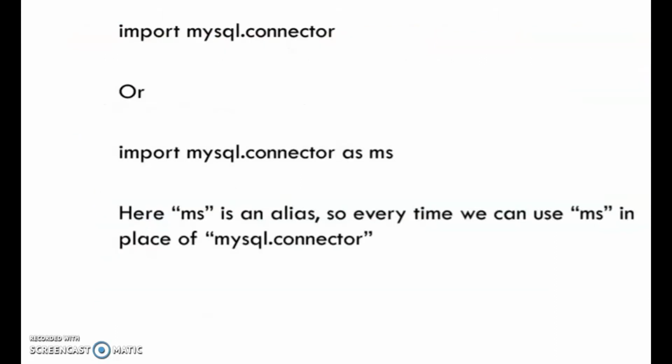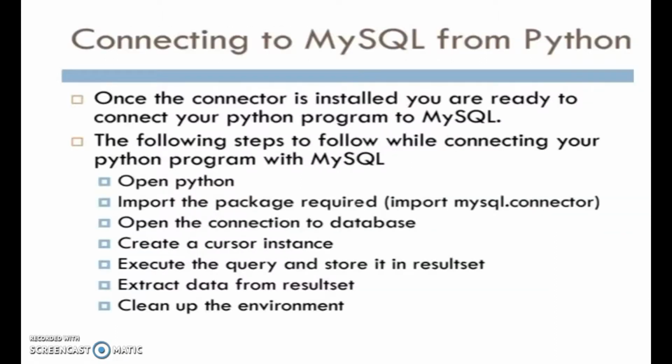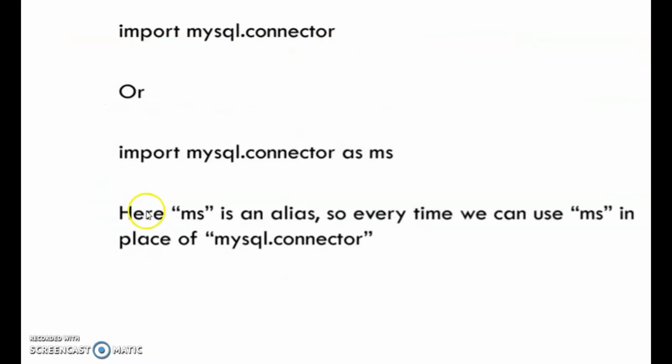First, open Python, then import the package required, that is import mysql.connector. This is the syntax to import. Otherwise, you can write import mysql.connector as ms. Here ms is an alias name that represents mysql.connector.